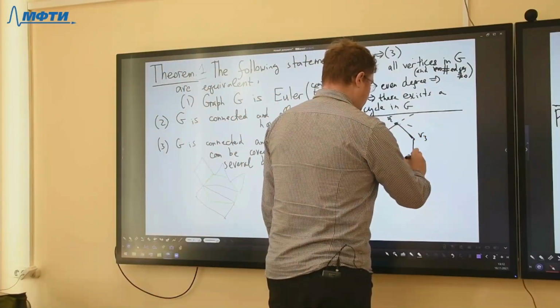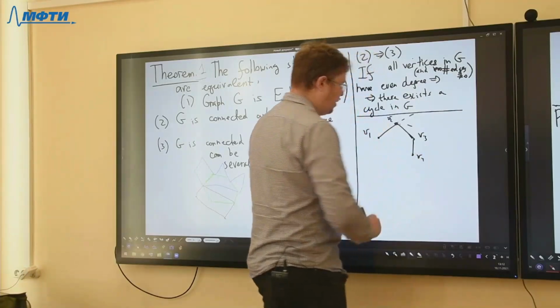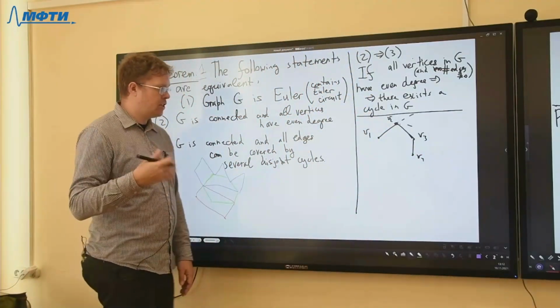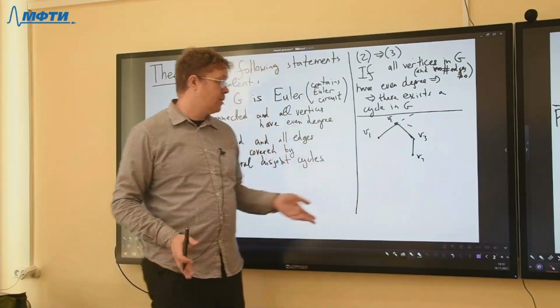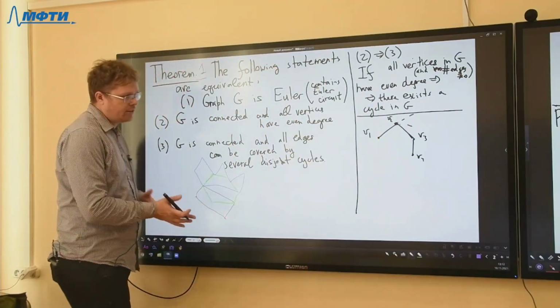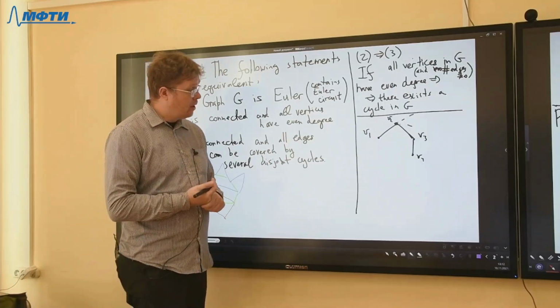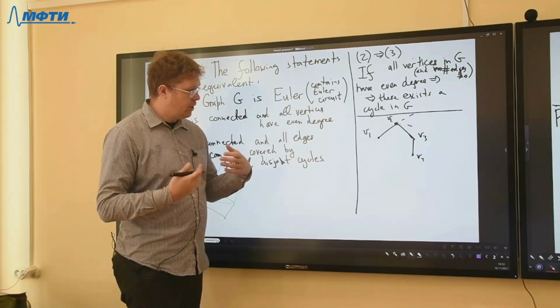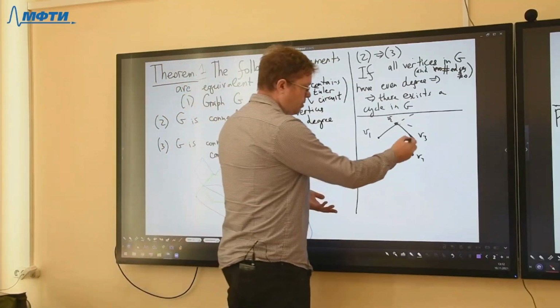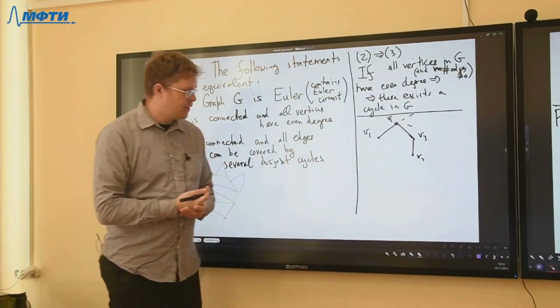In each step we can continue our walk because each vertex has even degree.